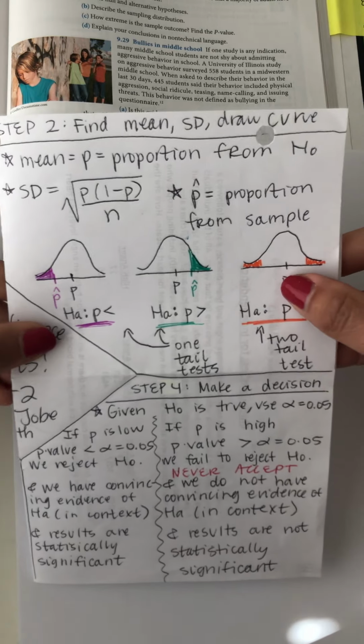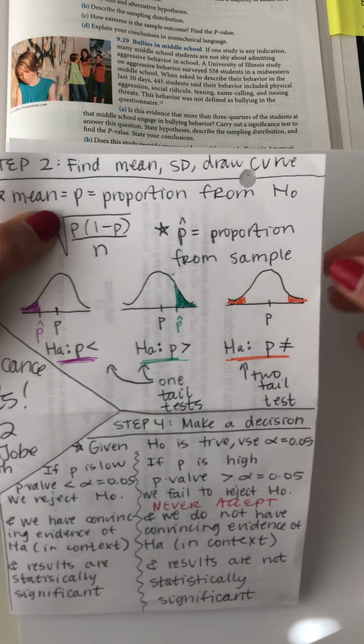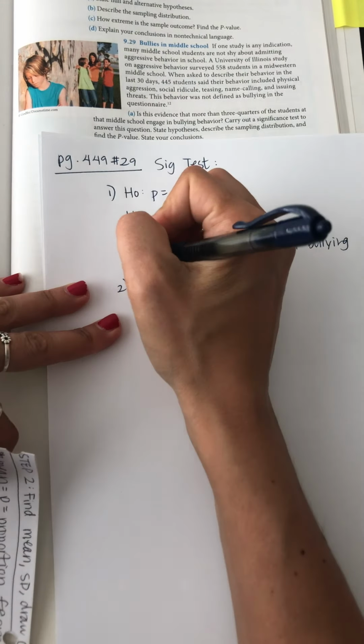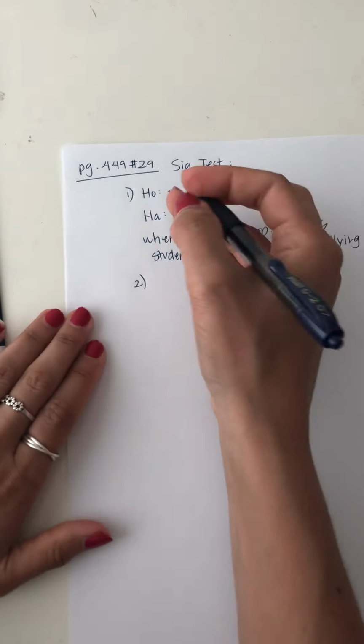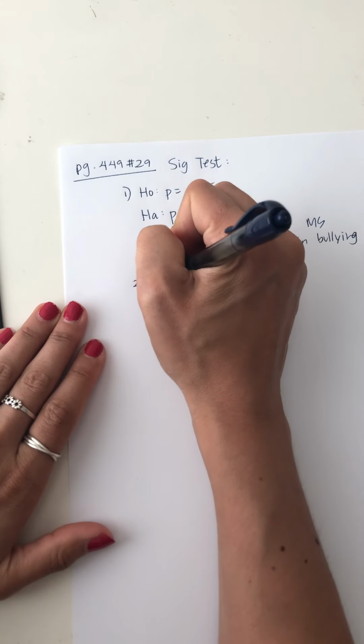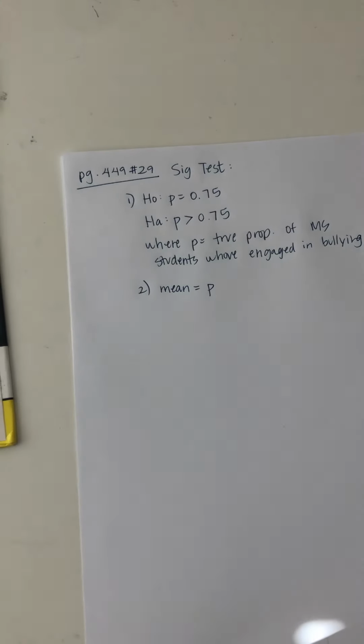Oops, that's 3. Step 2 is find the mean, standard deviation, and draw a curve. So the mean is p, it's the proportion from the H-naught. Okay, I'm just gonna move this over. p, the mean, is the proportion from the H-naught.